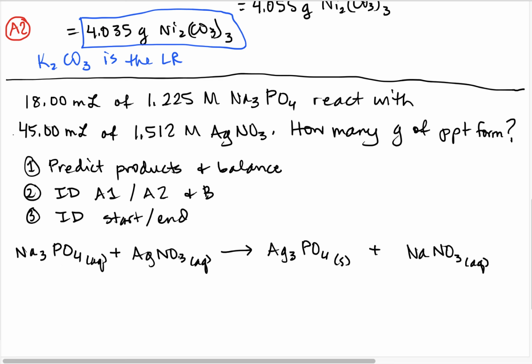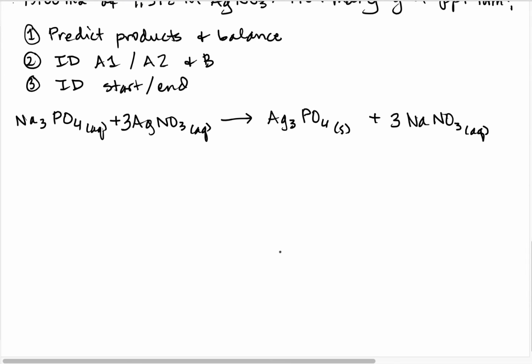And because of our stoichiometry, we need 3 equivalents of our silver nitrate and 3 equivalents of our sodium nitrate. So that's step 1.